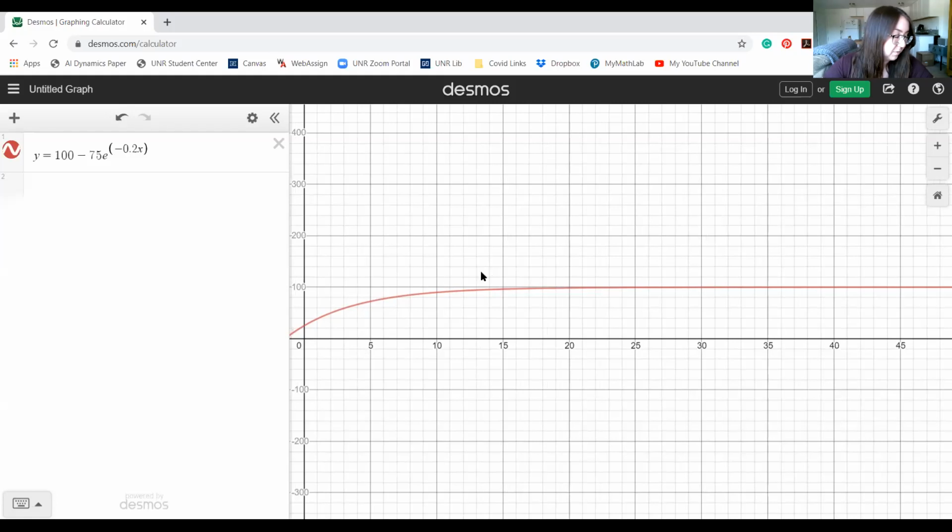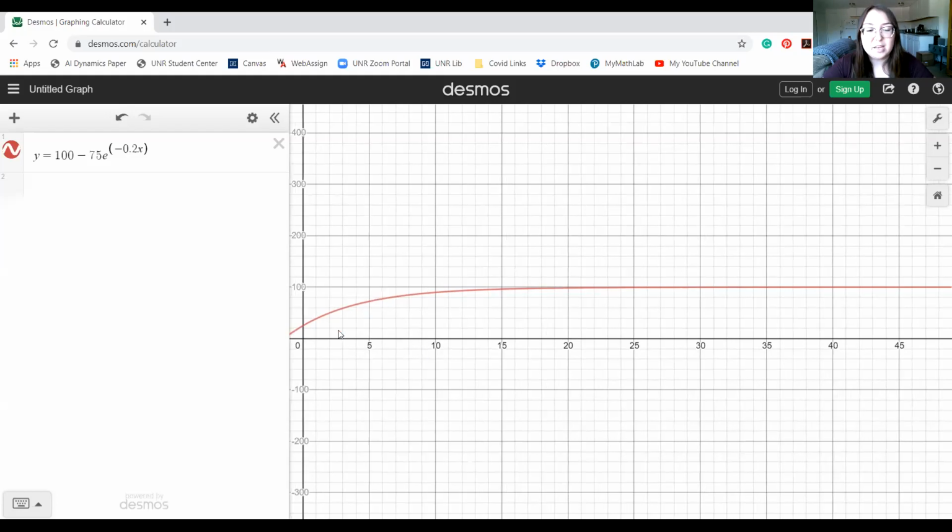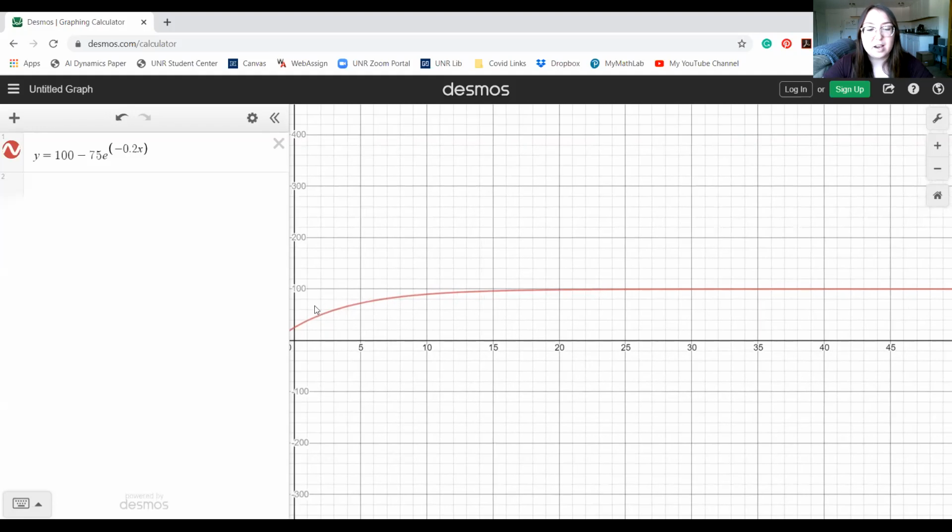Part B was just that we needed to graph, but part C is asking us, what is our limiting value of assets? Our limiting value basically means what value our assets cap at. When do our assets stop growing? What's the limit?